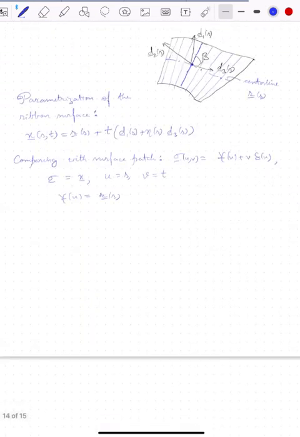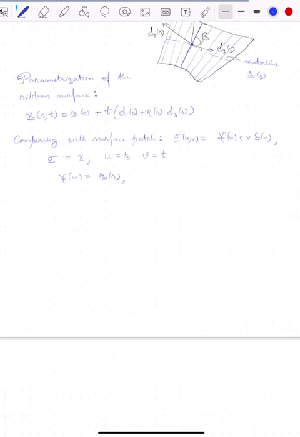And then we have delta vector of u, which are the rulings, equal to d1 of s plus eta of s times d3 of s. So these are the rulings. Right? And here s is an element of the set 0 to l.